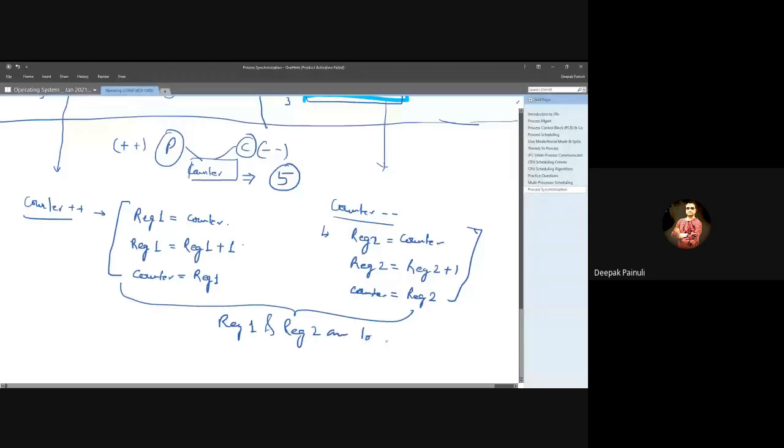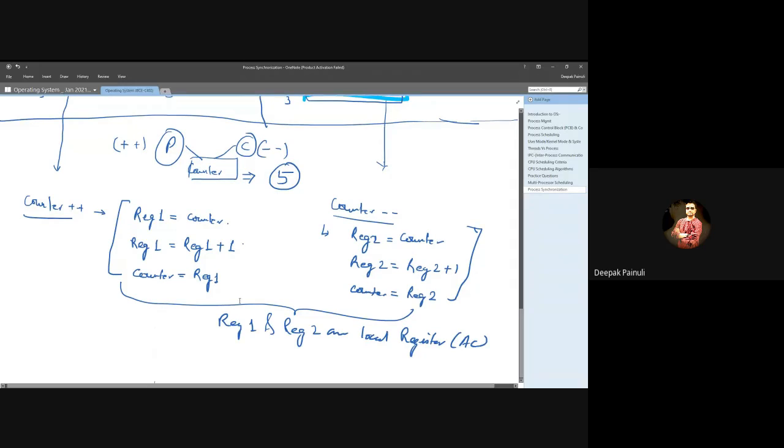Here in both cases, register 1 and register 2 are local registers, we can say accumulators. And all the values that are saved or restored are handled by the interrupt handler.